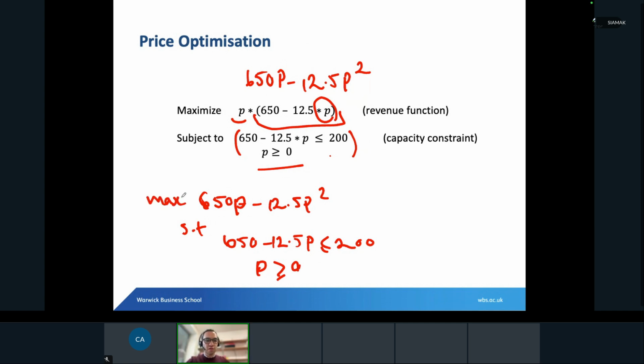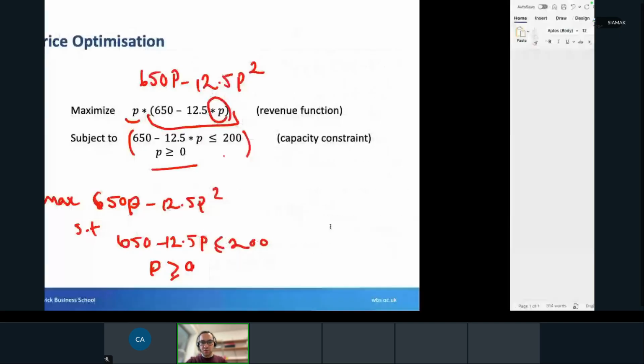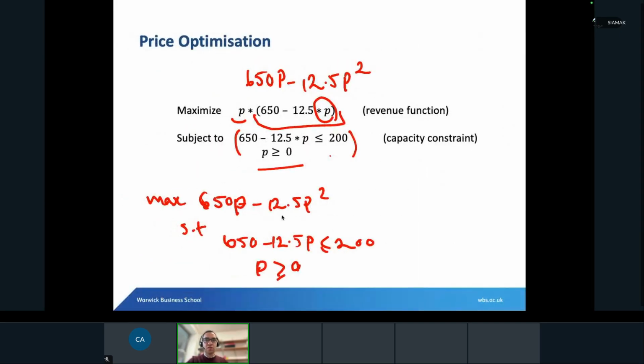Is this like the ones that we already solved in the previous part of the module? It's not. You can see that the objective function here is not linear, because we have p squared. The unknown that we have is squared, so this is non-linear.